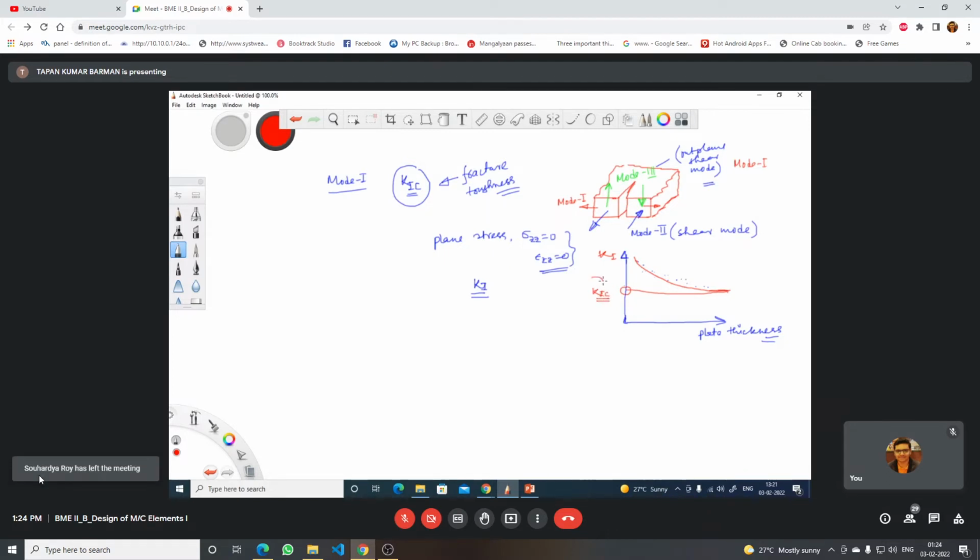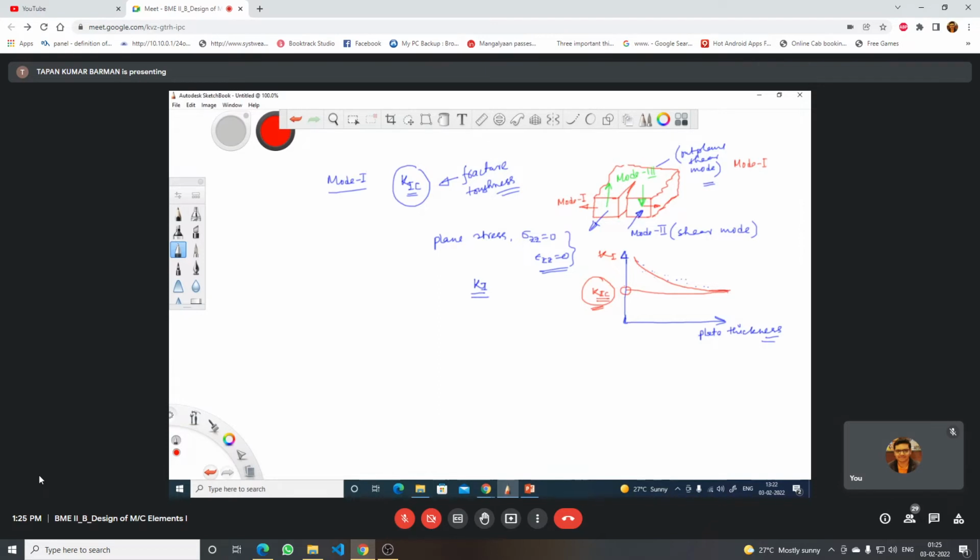If I design the component based on this, then we'll be in the safe region and the material should not fail. This way we can determine the critical value of K1, that is K1C, and that value is basically the fracture toughness, and based on that fracture toughness we can design the component under fracture.